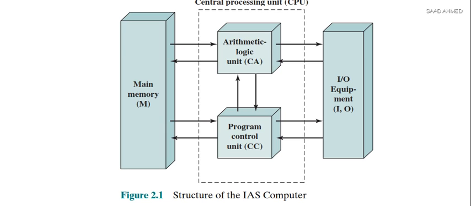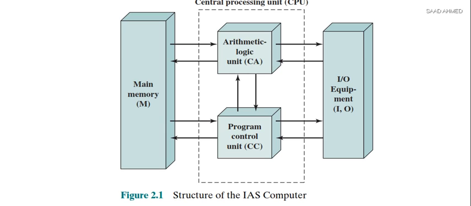So we can very confidently say that all of today's computers have the same general structure and functions, and thus are referred to as von Neumann machines, with very rare exceptions.